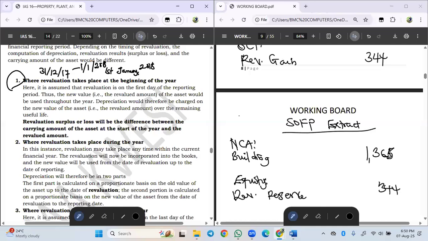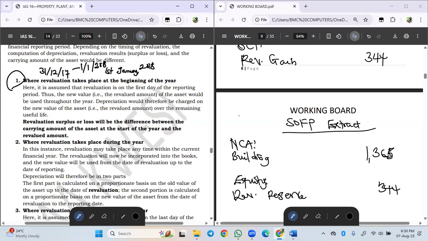So let's say in this case for 2018, the revaluation took place on 1st January 2018. It means that throughout 2018, the figure that we use as depreciable amount will be the revalued amount, because right from 1st January to 31st December, you will be using what?